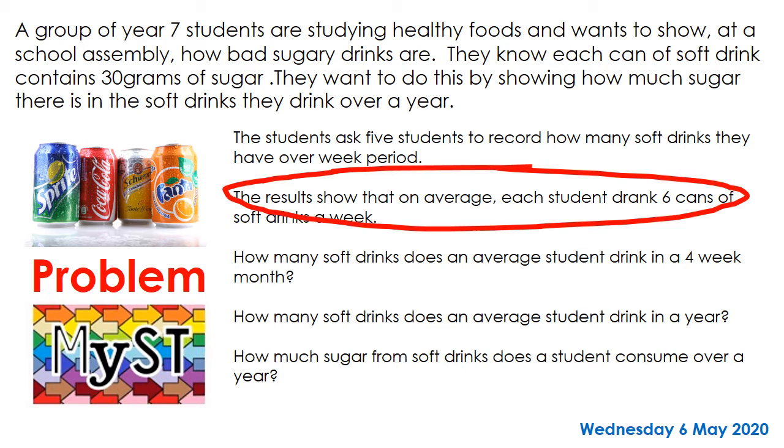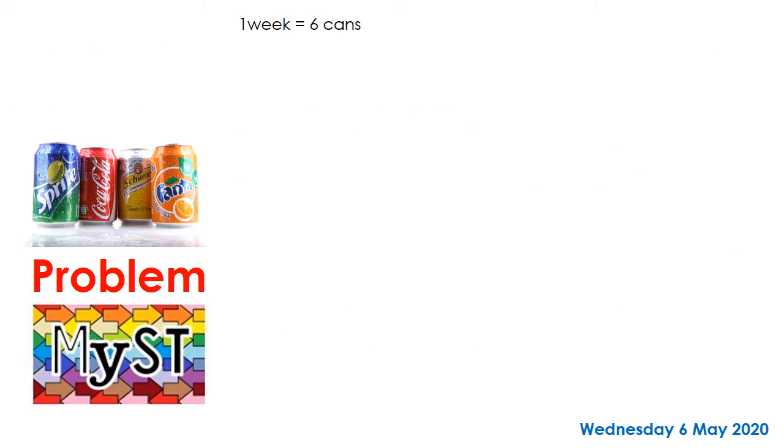Okay. So let's have a look. Let's get some information out of here using our pen or highlighter. The first piece of information that I grab out of there is that each student, on average, drinks 6 cans of soft drink. So I write it down. In a week, it equals 6 cans of drink. I don't write down the whole thing, but I write down the key pieces of information.